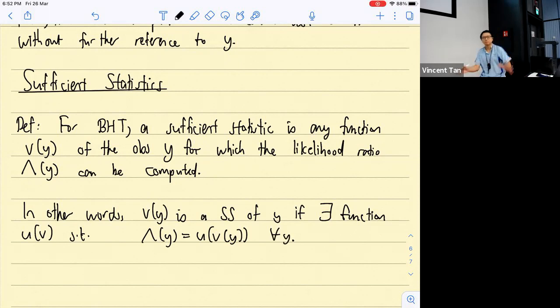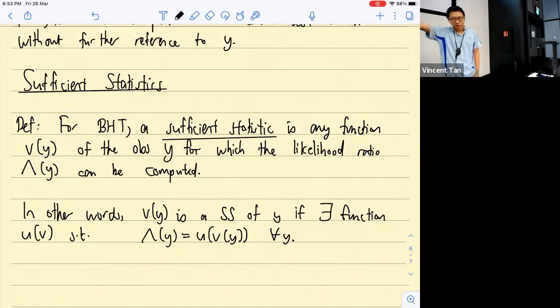There are a lot of symbols here, and you may be confused, but I'm not confused. Lambda of y is our likelihood ratio. Now, a sufficient statistic is any function v of y with the property that if you have v, you can construct the likelihood ratio lambda of y.